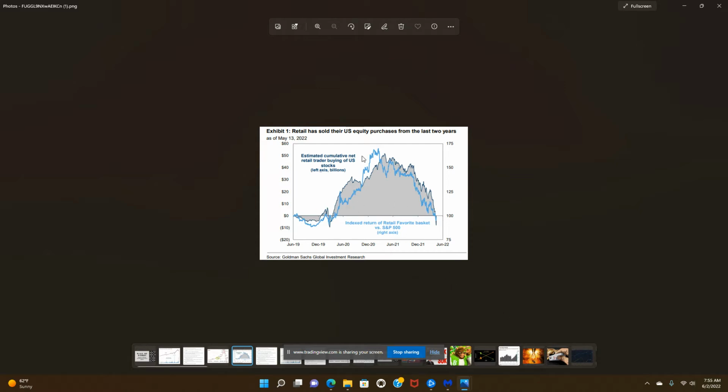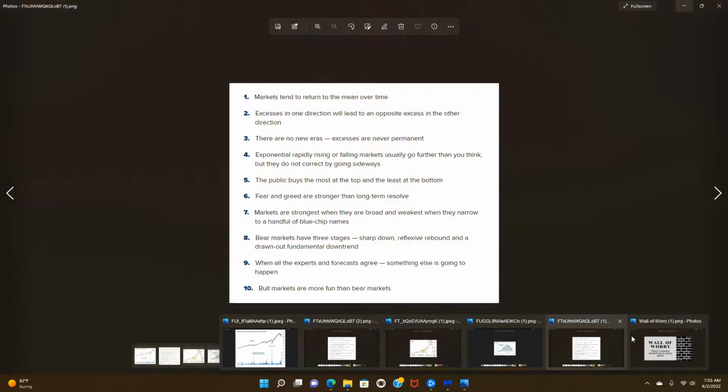So it gives you an idea of where retail sentiment is at. Retail is not heavily invested in the market, at least the equities market. Again, it's no guarantee of anything, but it is a very decent indication of sentiment in the market.